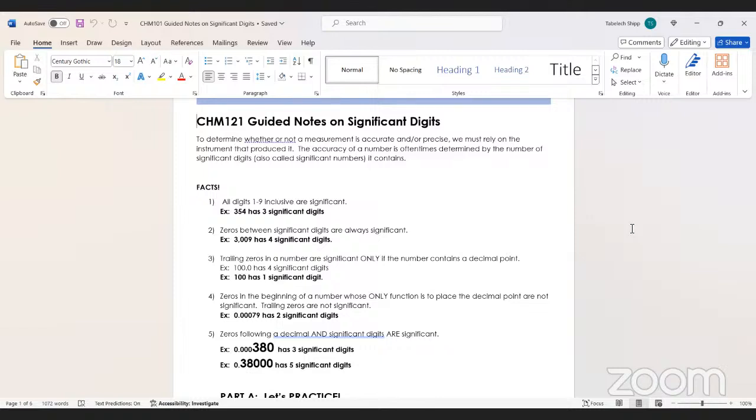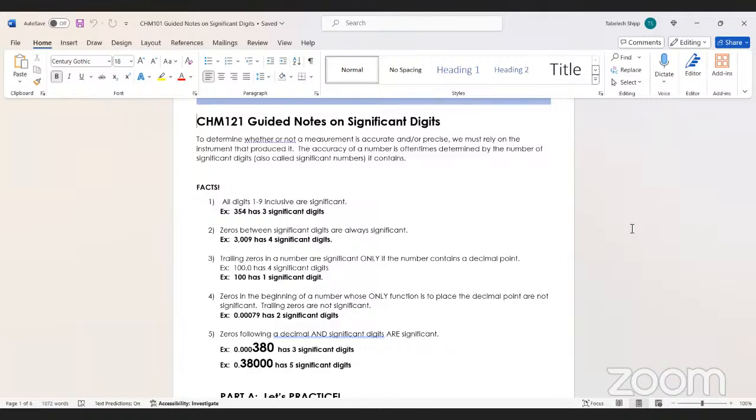Okay, so for this first part right here, as we walk you guys through it, it says all digits 1 through 9 inclusive are significant. So that simply means that if you have a number like 354, all three of those numbers are significant, okay?